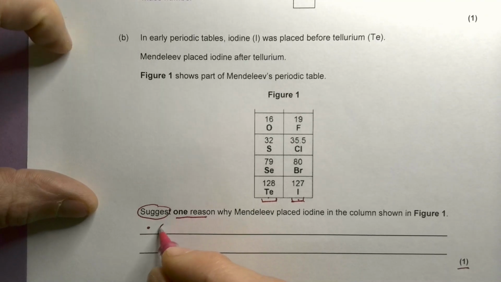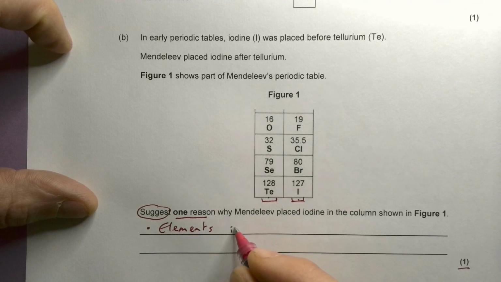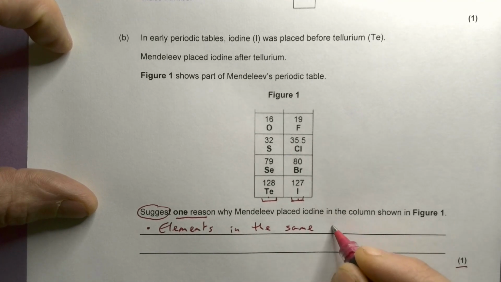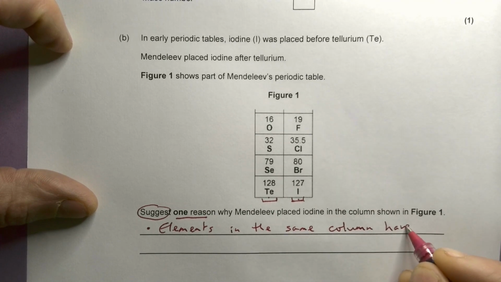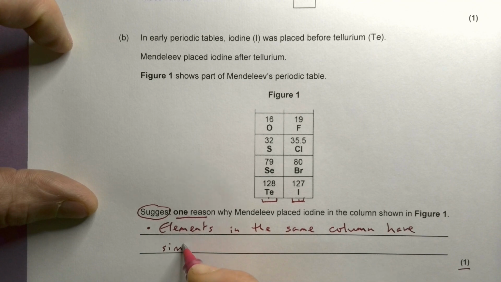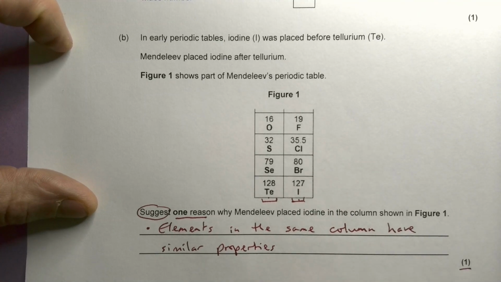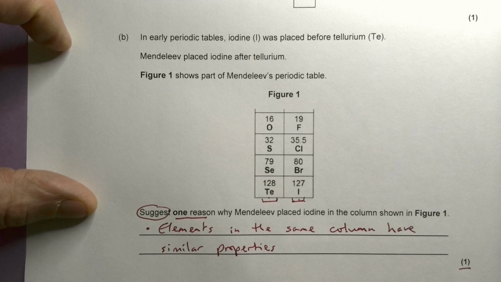So elements in the same column have similar properties. Okay, so you could say that iodine had similar properties to bromine, chlorine and fluorine if you like. Okay, but the key bit is the properties were similar.